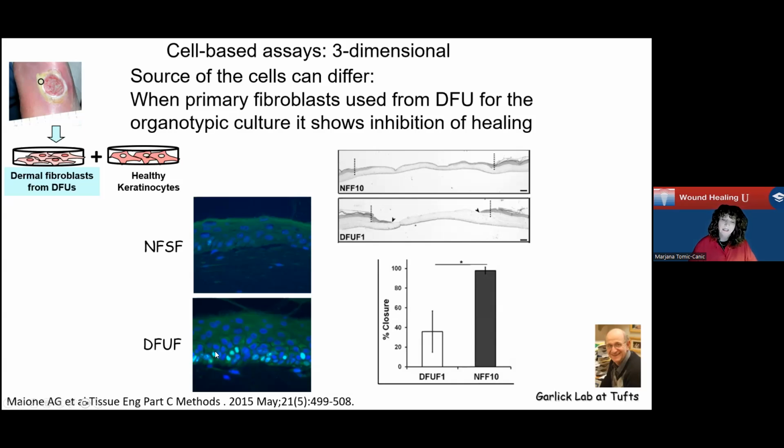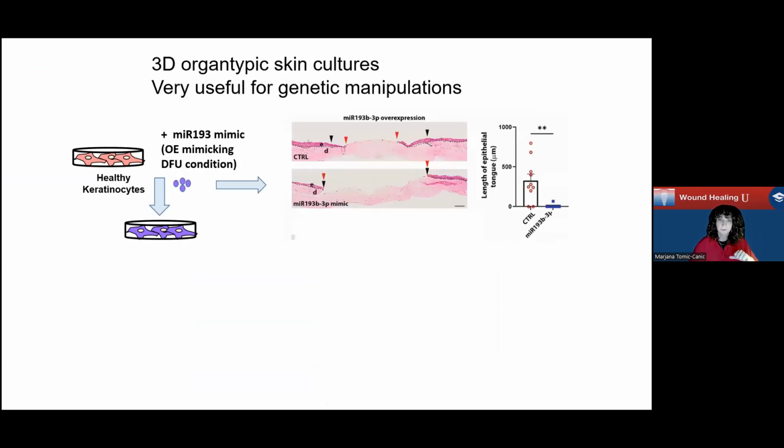And now this crosstalk between dermal fibroblasts from diabetic foot ulcers instructed keratinocytes above to actually behave like the ones in diabetic foot ulcer. And you could actually appreciate the inhibition of healing that is very visible, lacking epithelial closure in these organotypic cultures. So again, very useful for various types of testing.